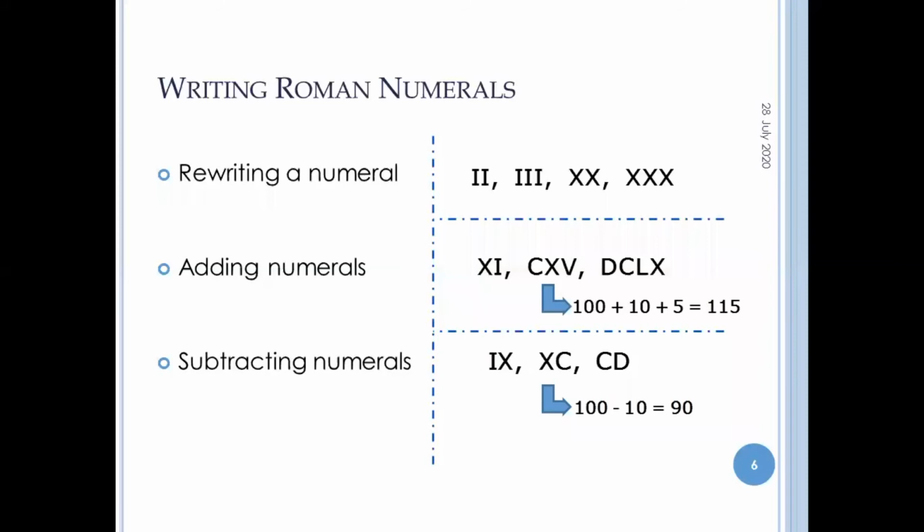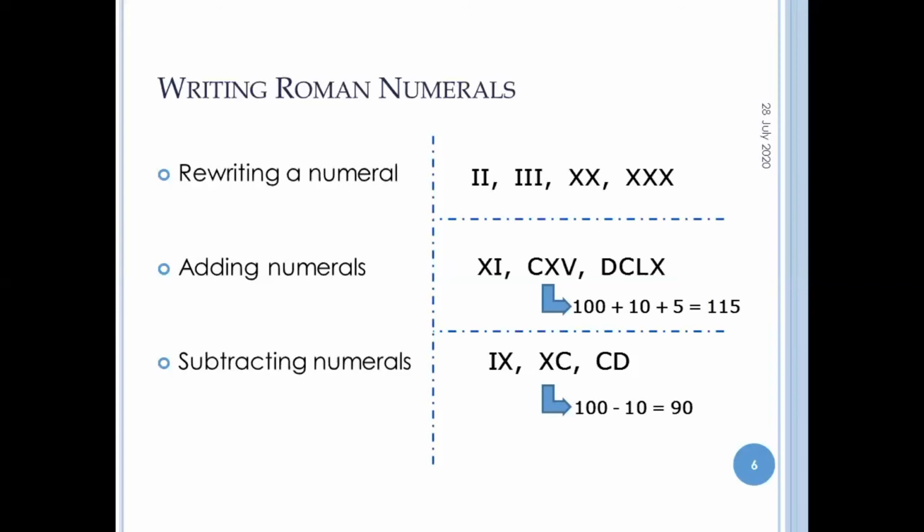It is though important to note that in the process of subtracting, only one numeral can be subtracted from another numeral at a time. Also, you cannot subtract a number from a numeral that is 10 times larger than it.